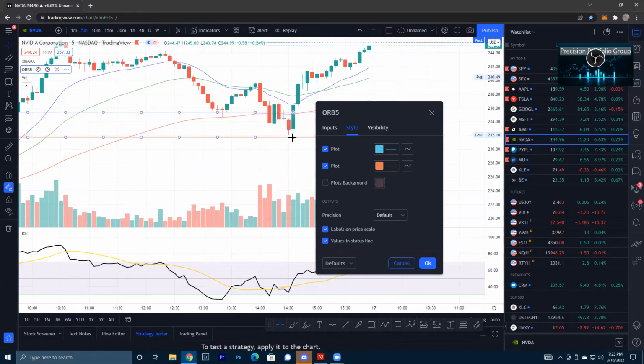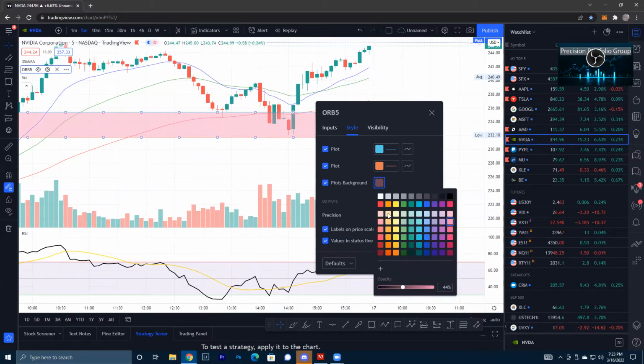Then I have the background as a light pink, because I do have the light background, and you can choose the opacity however you want, lighter or a little darker. I choose around 34% or so, because I definitely want to see the action, what's going on. I want to see the lines and also the candlesticks. If I put it too dark, of course, you cannot see anything. So the less opacity, the better.